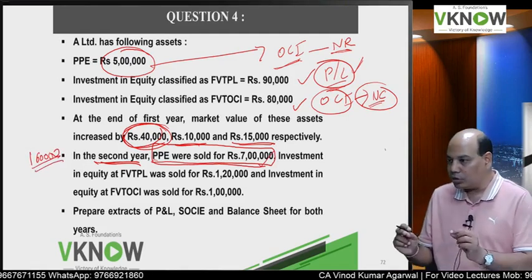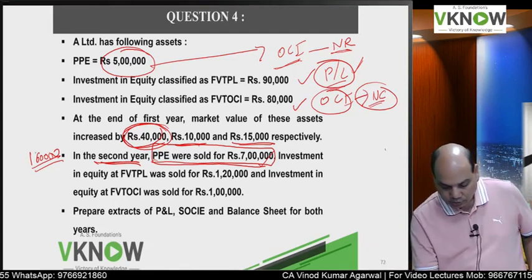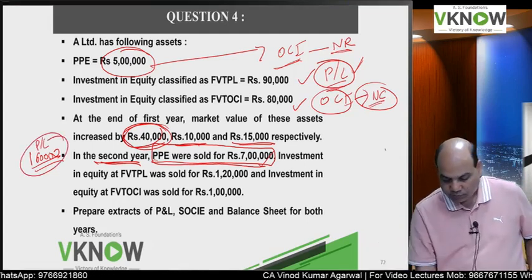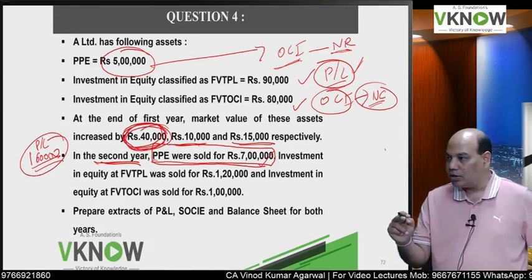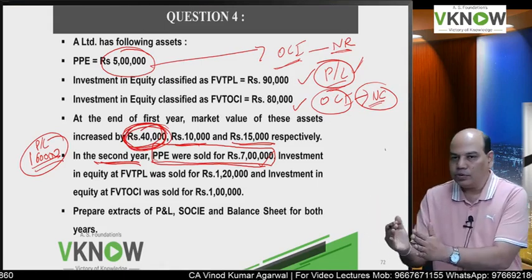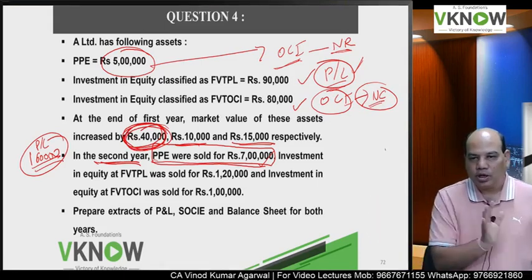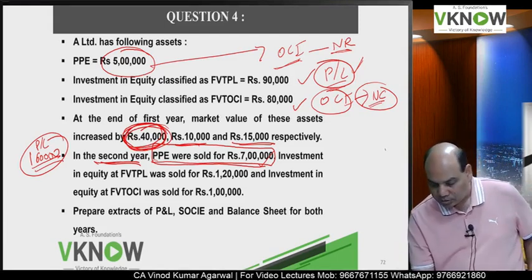That is the profit on sale. Where will you transfer that? That will go to P&L account in second year. And this balance of 40 which is lying in revaluation reserve will be transferred to other component of equity. So that is the story of PPE.